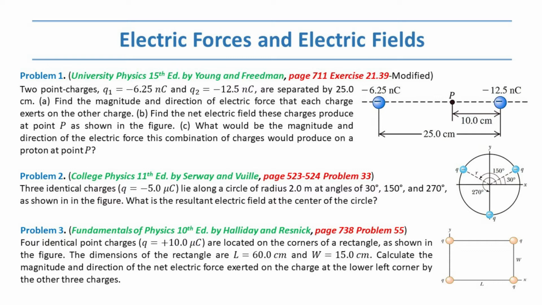According to the problem, three identical charges, each with a charge of negative 5.0 microcoulomb, or negative 5.00 times 10 to the negative 6 coulomb, lie along a circle of radius 2.0 meters at angles of 30 degrees, 150 degrees, and 270 degrees as shown in the figure. What is the resultant electric field at the center of the circle?